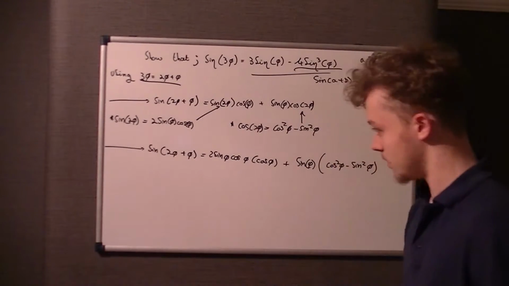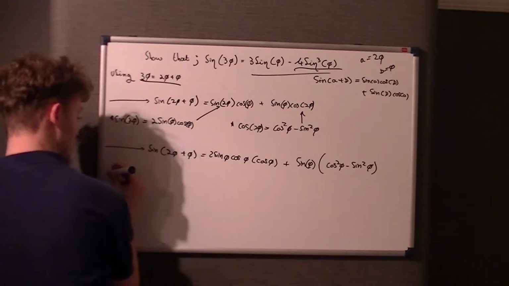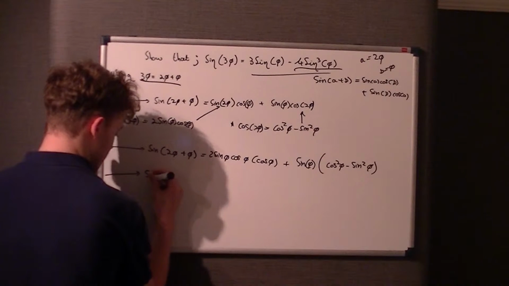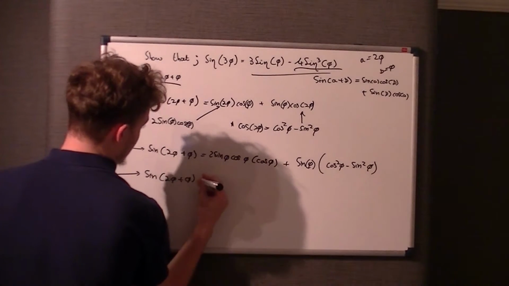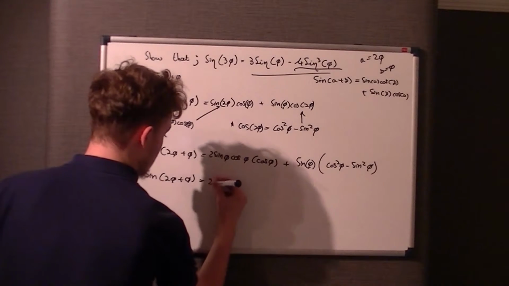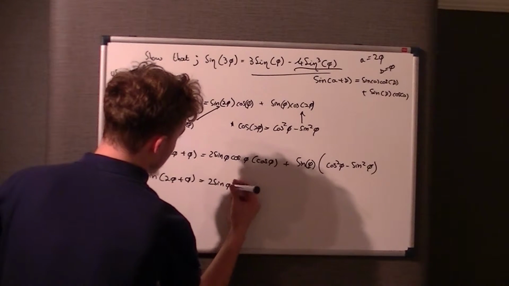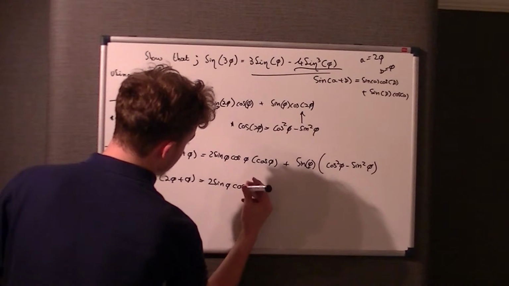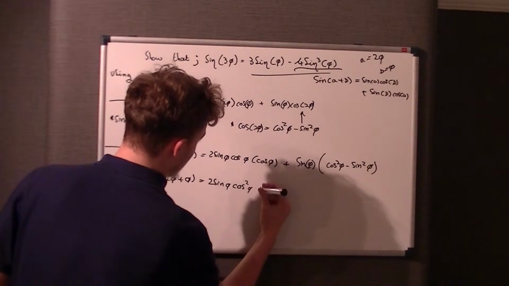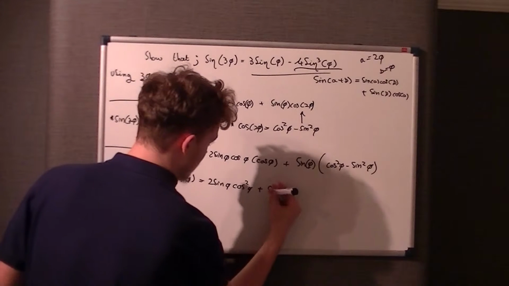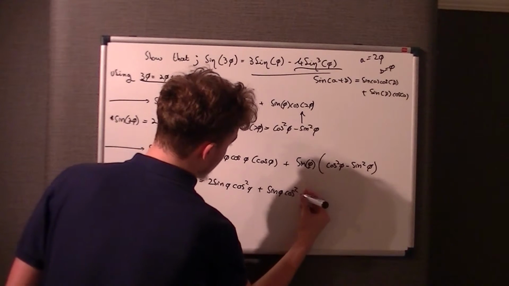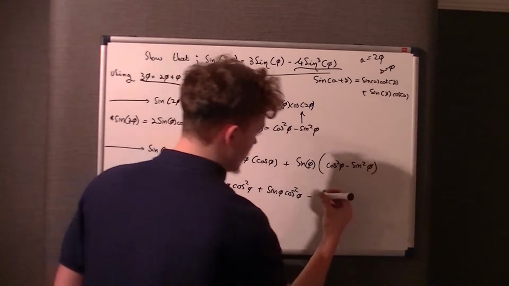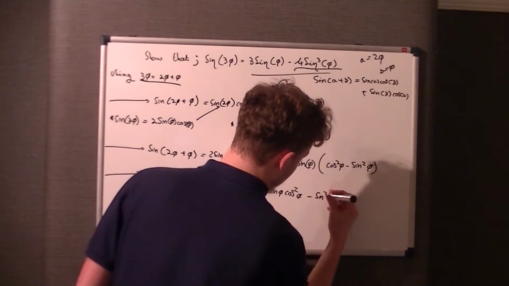The next line is just expanding all of that. You can just write 3 theta here, it's totally up to you. That gets us 2 sine theta cos squared theta, plus, we expand this bracket out, sine theta cos squared theta take sine cubed theta.